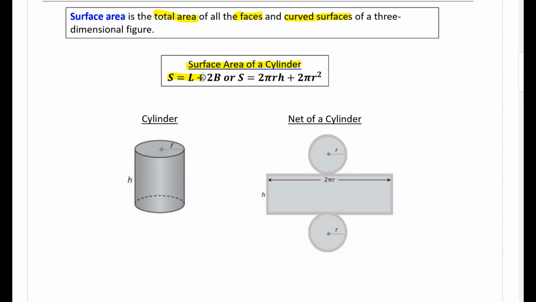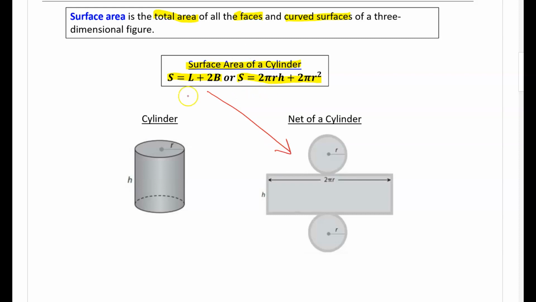This is a general formula for cylinders and for prisms, which you will see that's the third lesson is on prisms. But for today, we're going to be focusing on this S equals 2 pi r h plus 2 pi r squared. This first equation kind of makes sense for something like this. And then maybe the second one, I mean, they work either way.